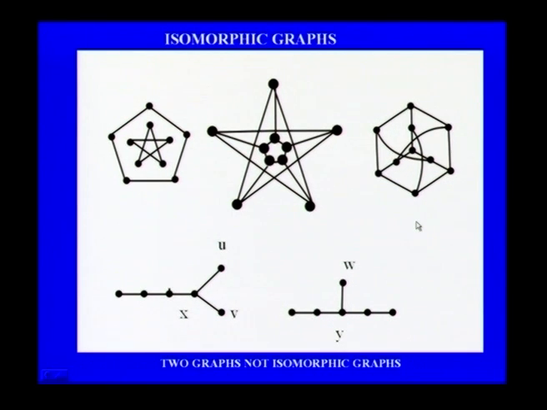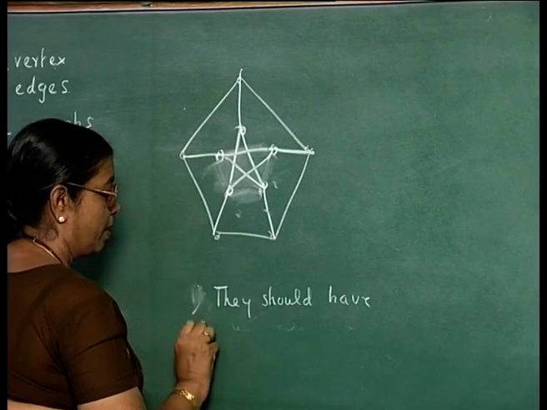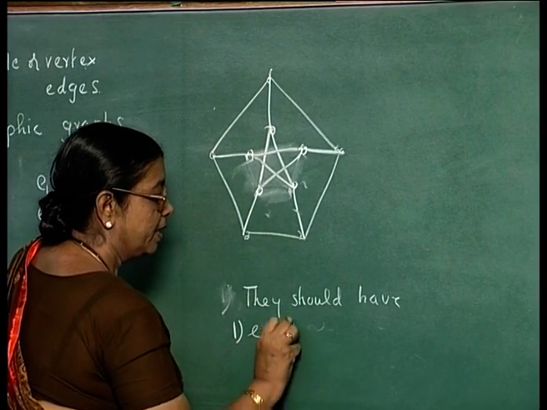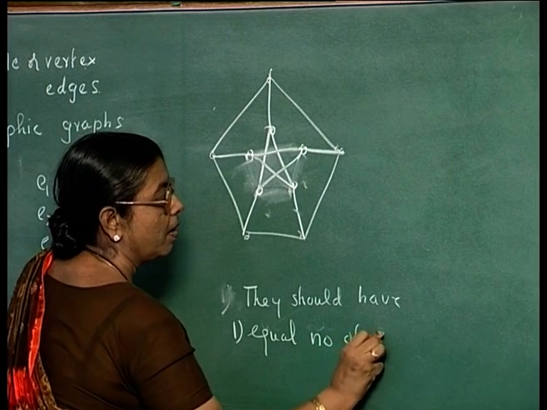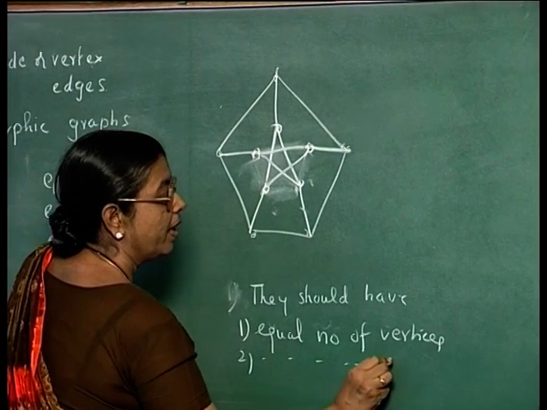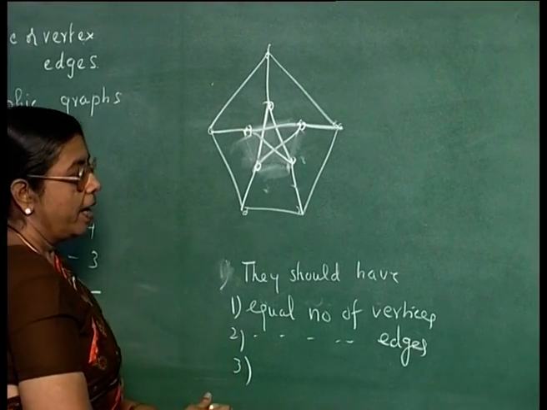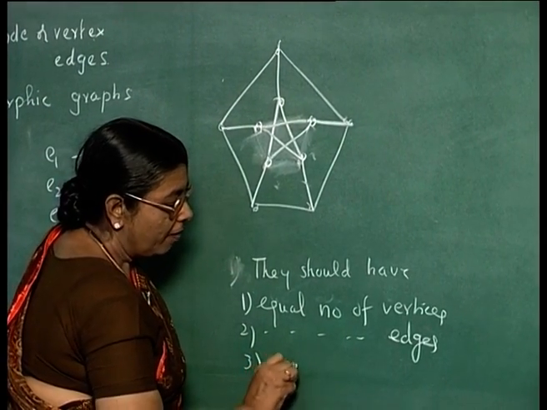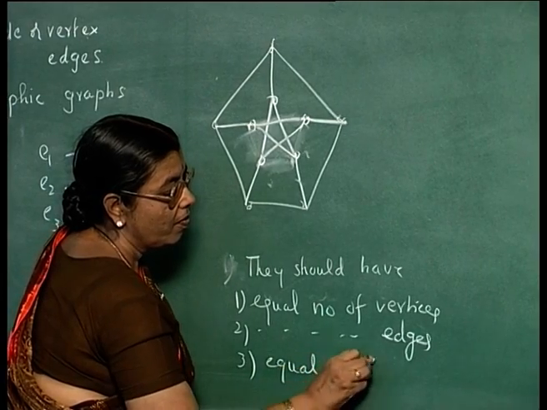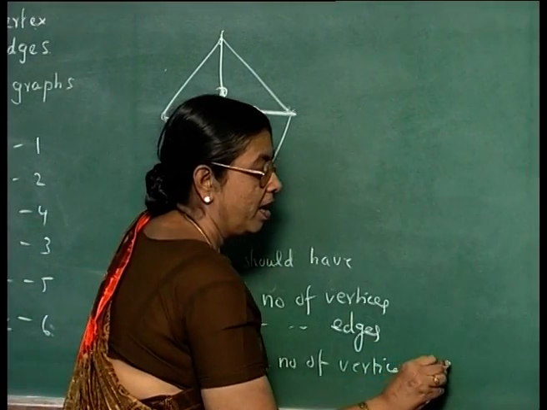Now, when you have two graphs isomorphic, they should have equal number of vertices, they should have equal number of edges, and equal number of vertices of a particular degree.